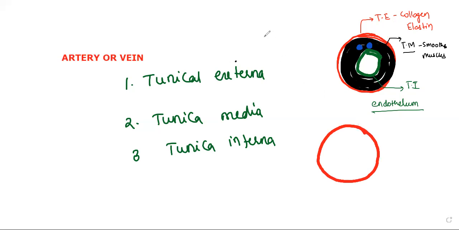Then after that, we go with tunica media. In tunica media, comparatively less smooth muscle is present. And then the layer tunica interna as well. So with these, we can write some differences, isn't it?